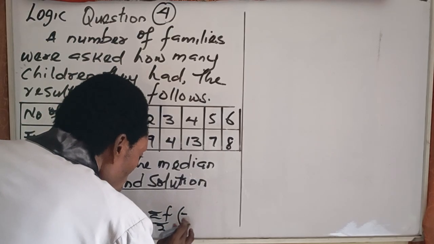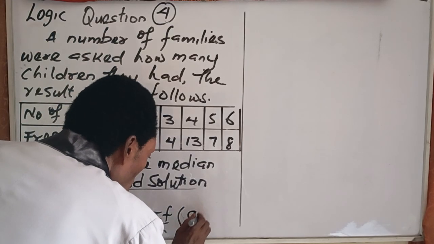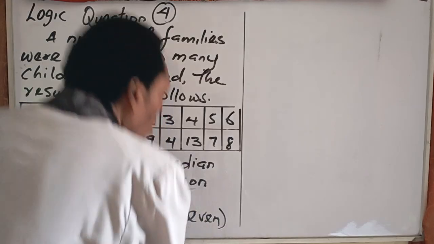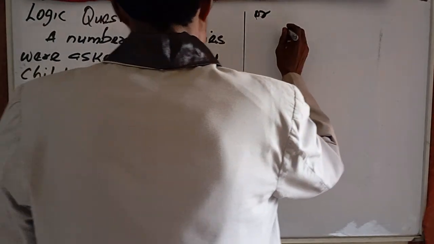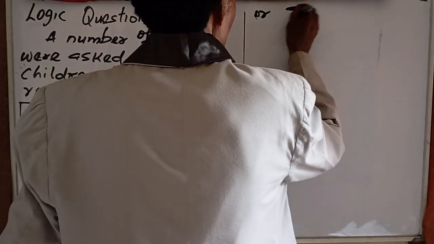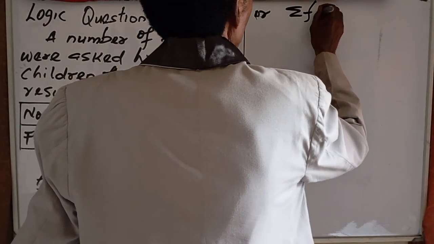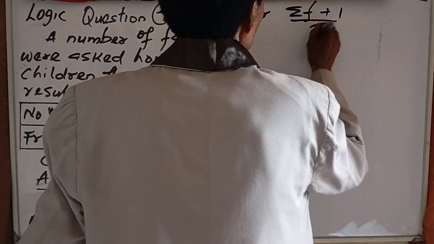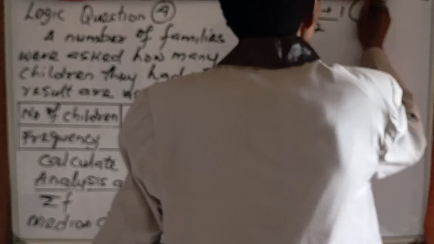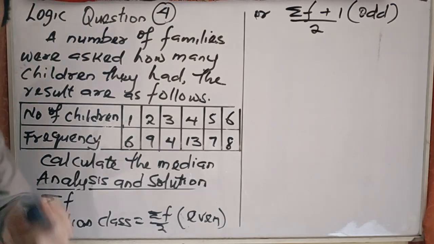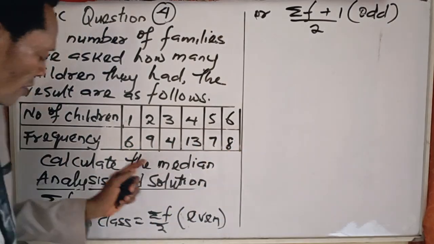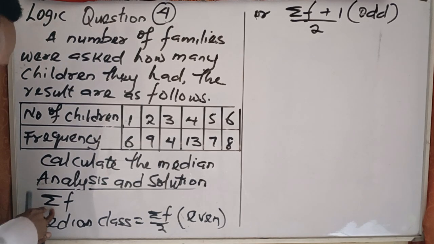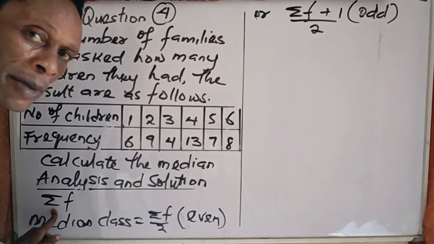if sigma f is even, or sigma f plus 1 all over 2 if odd. Take note: sigma is a notation that simply means sum.